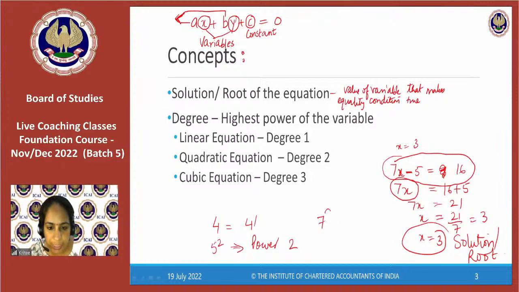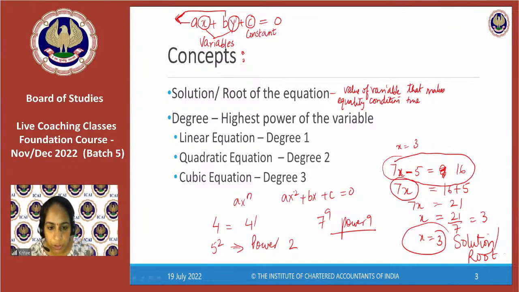If I am writing 7 raised to power 9, the power is 9. Likewise, we have something called power on the variable. So there is some power on the variable. Like the equation can be ax square plus bx plus c, like this.